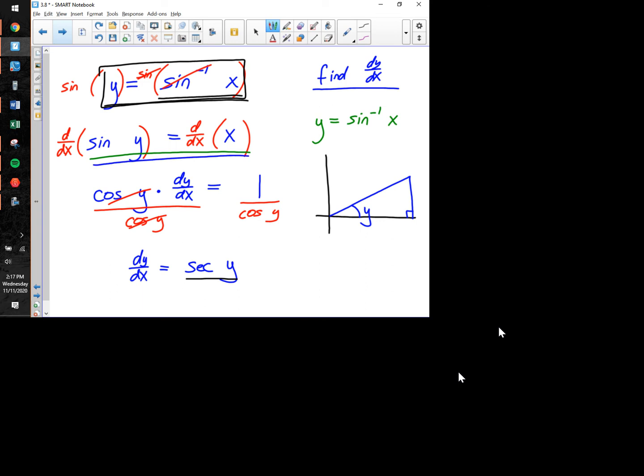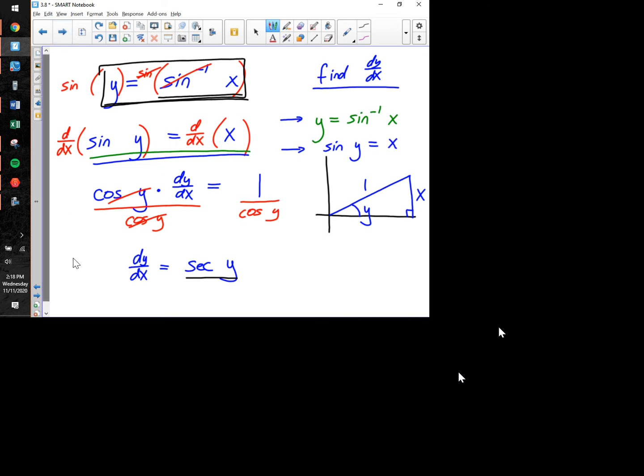And sine is opposite leg, so that's x, over hypotenuse, which would be 1. So the way I've drawn that figure, that supports this idea right here, that y is equal to the inverse sine of x, or if you wanted to look at it a different way, that the sine of y is equal to x, or x over 1.